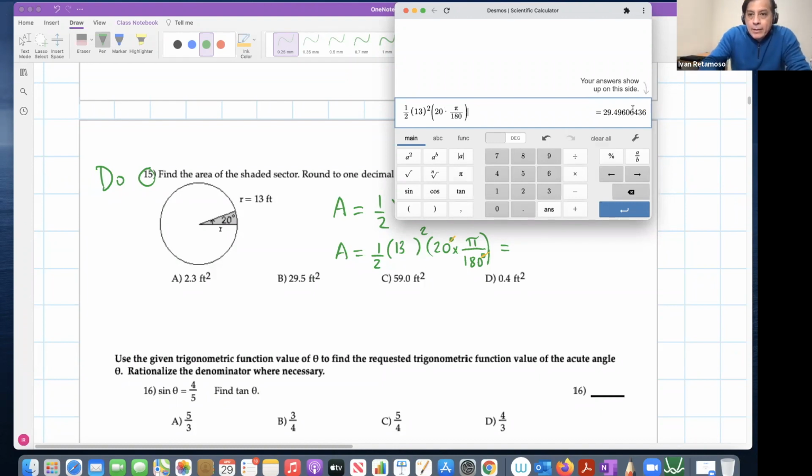The answer will come out here. There is no way to convert this to a fraction because of the pi, an irrational number, but whenever possible, you can use that.